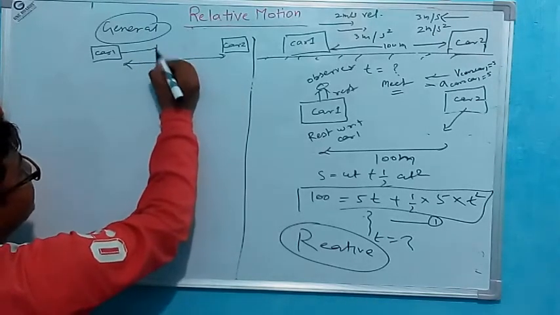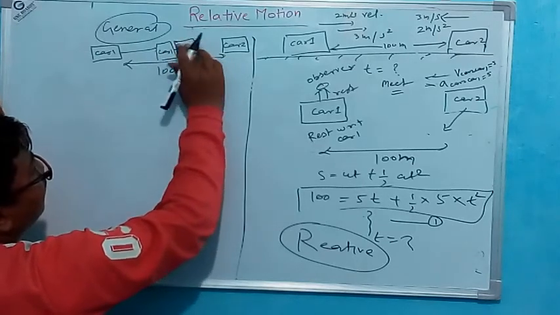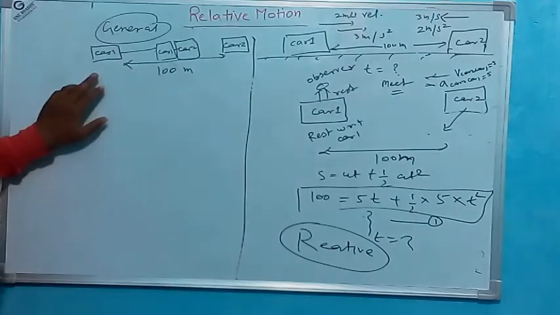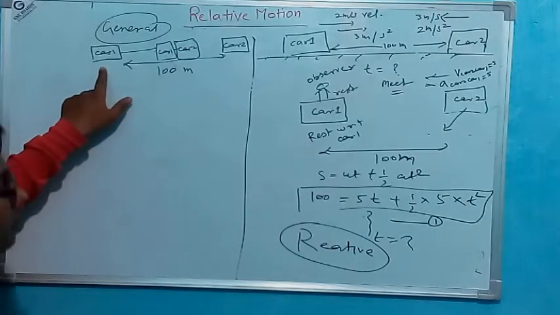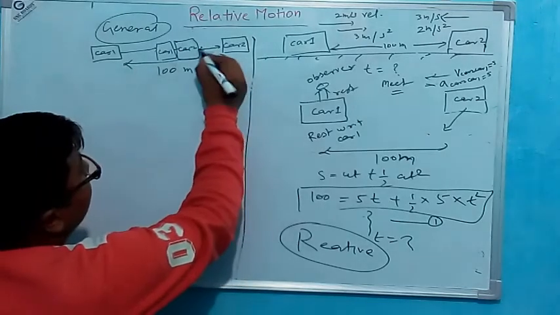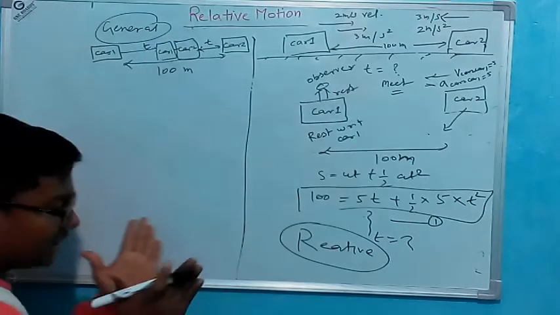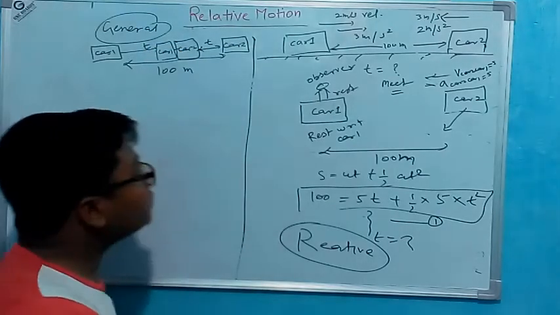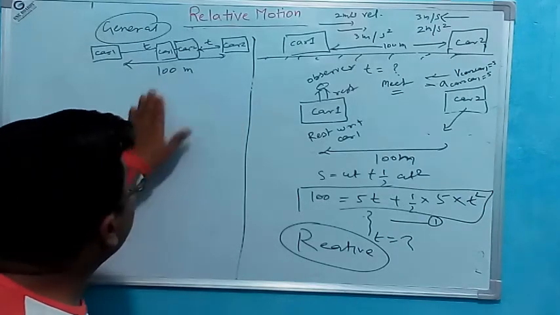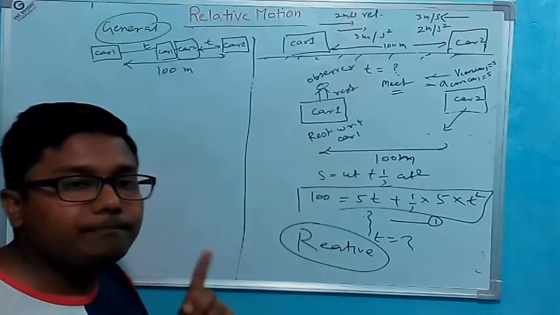Both cars will travel 100 meters in total in time t, and they will meet after time t.